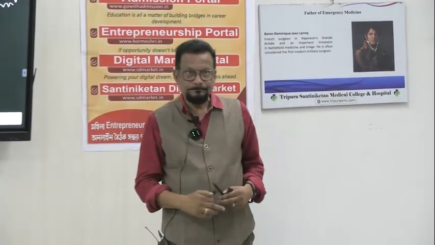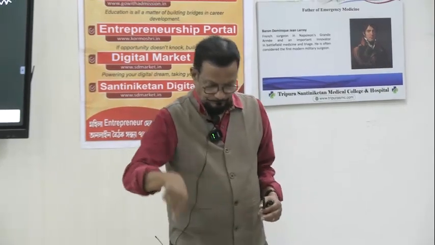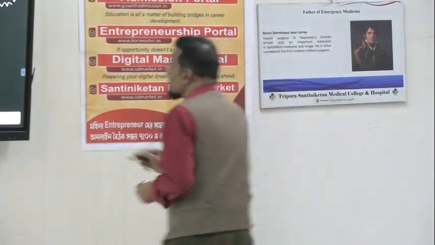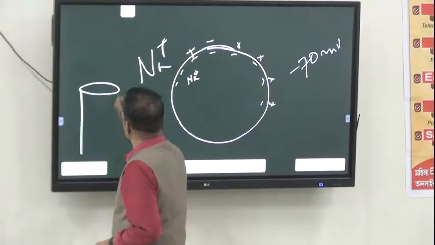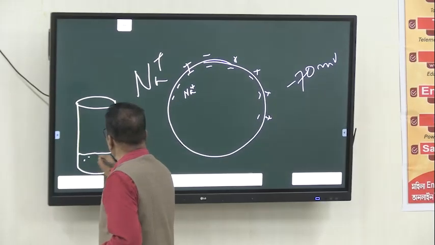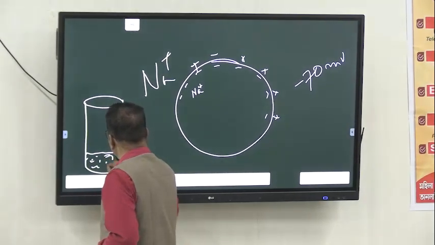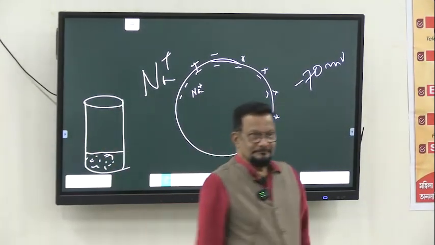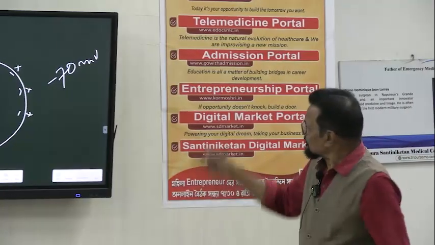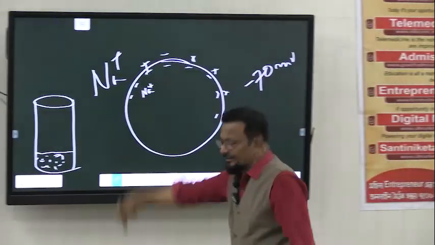Think about a well. Water level is here. So I am to bring water. So the water level is very deep.